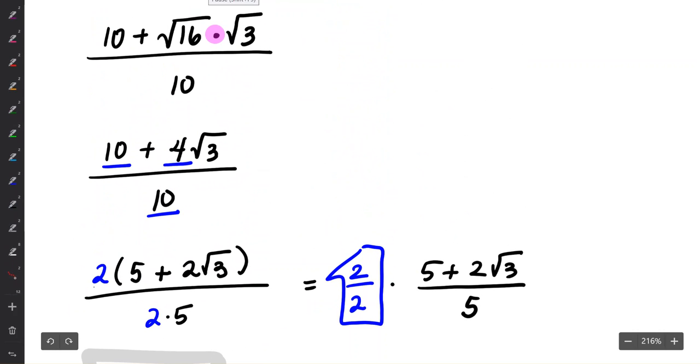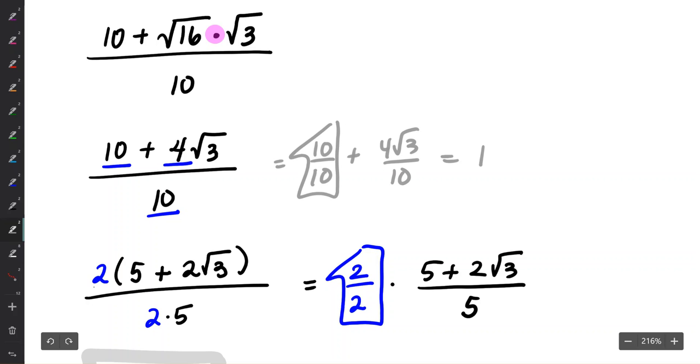If you liked this, you may have wanted to start there right away. Notice DD, division by my denominator. This is 10/10 plus 4 root 3 over 10. 10/10 is 1. And 4 and 10 have that common factor of 2. 4 is 2 times 2.